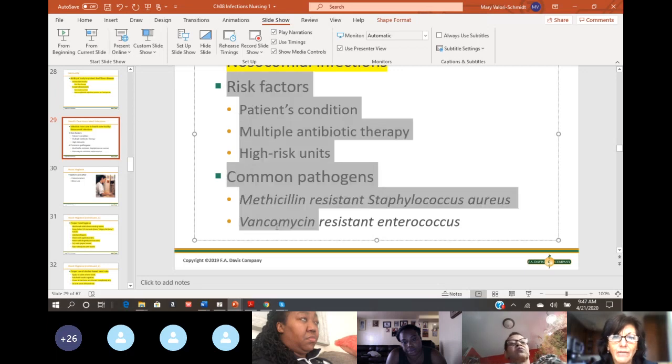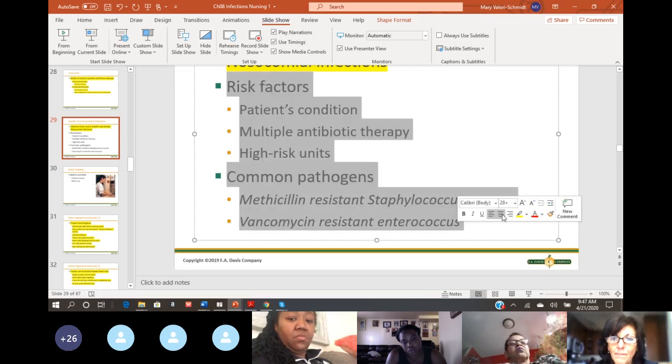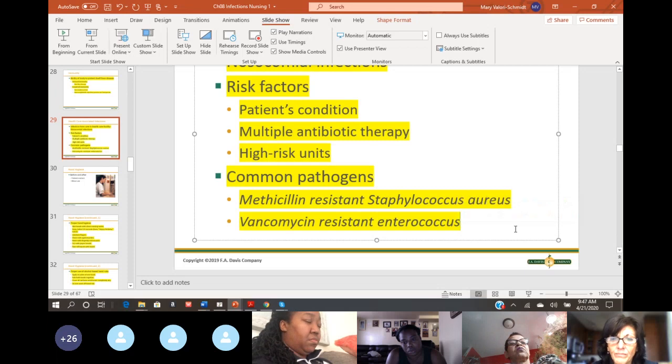Okay, and I'm going to highlight this whole page. These are the two most common nosocomial infections. In other words, when you're in a hospital, a nursing home, any type of a healthcare facility, if you're going to get a nosocomial infection, I'm going to bet the farm it's one of those, okay? And let me explain what they are.